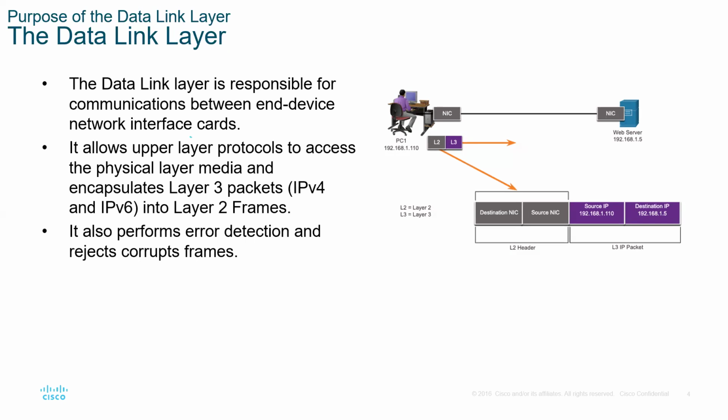So number one, the data link layer enables communication of the NICs of different devices on the same network segment. Very important, on the same network segment. So if we are on the same network, we define the same network at this level by an interface coming from the router.